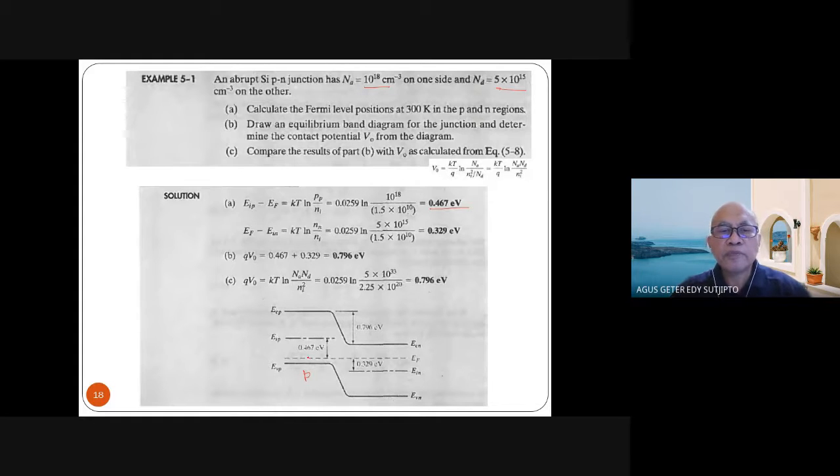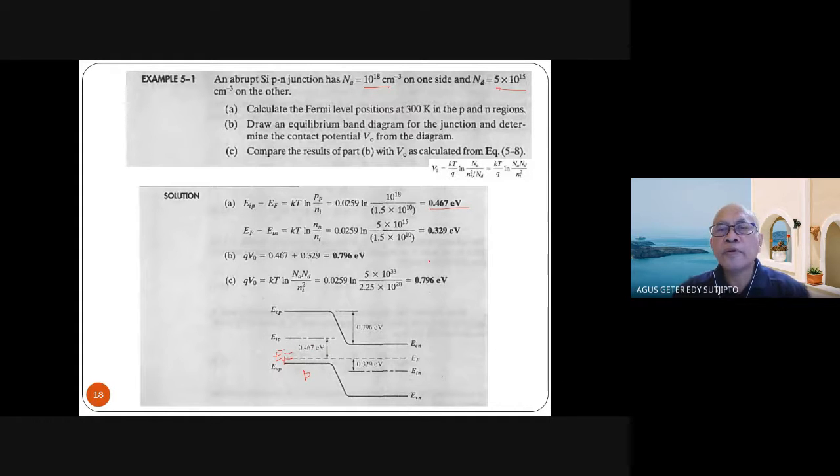And from the P type we can have this. The intrinsic energy is at the middle, then the Fermi energy at the bottom, close to the valence band here. So we have EI minus EF. This is EF.